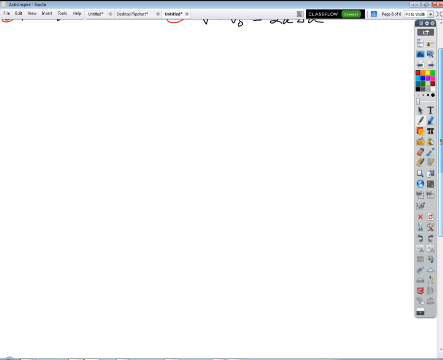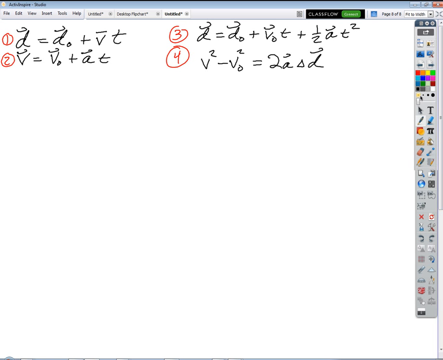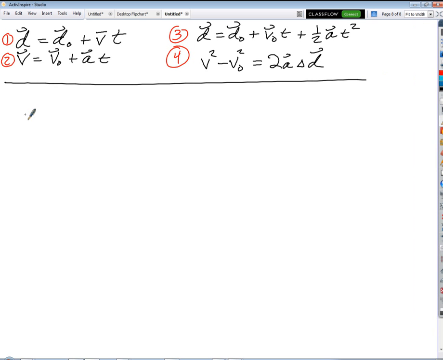The final is 7.5. Okay, so we're looking for the initial velocity. Good. Final velocity you said was 7.5.